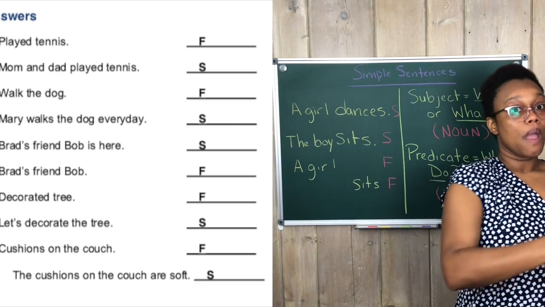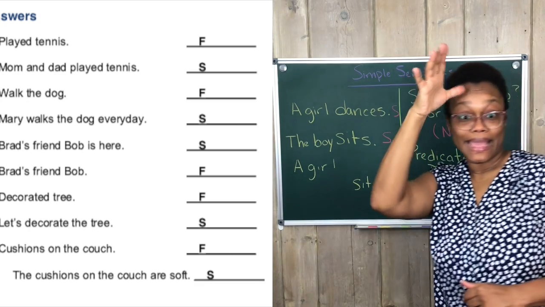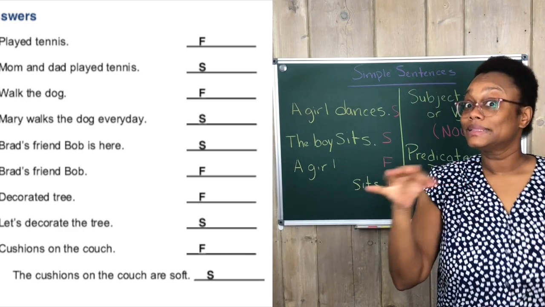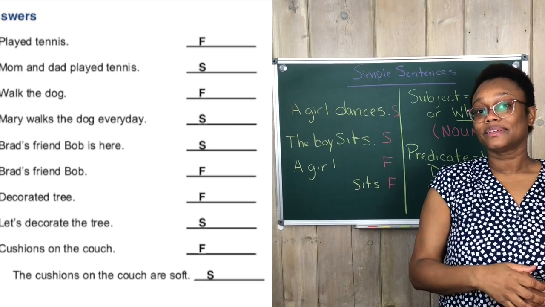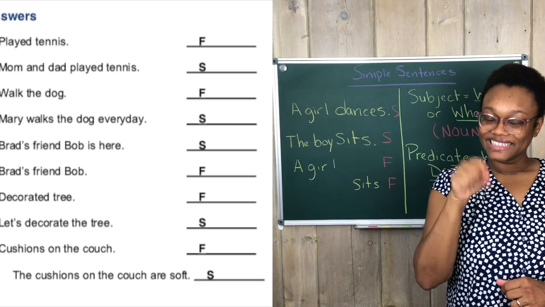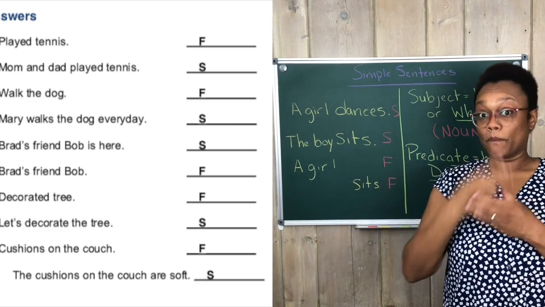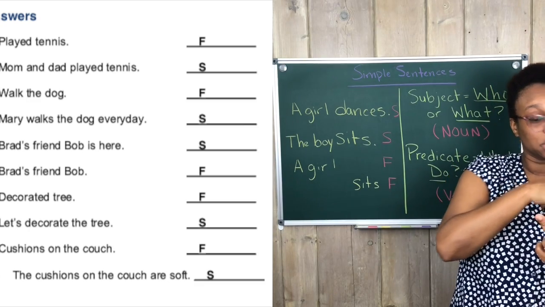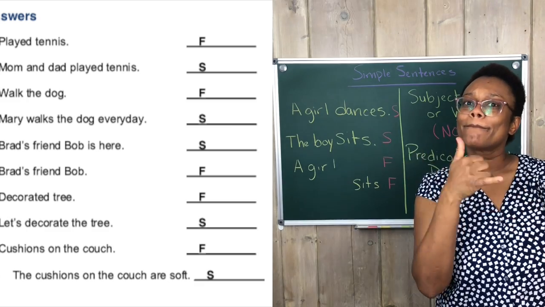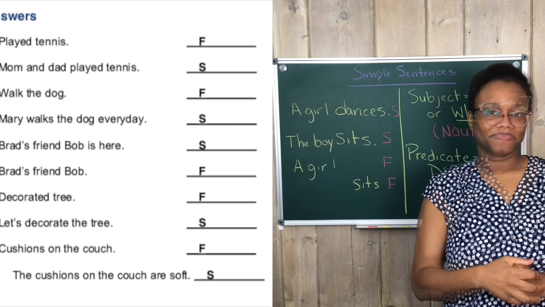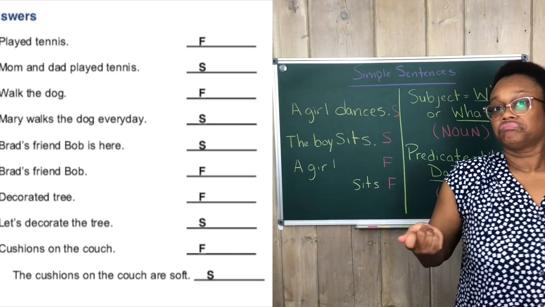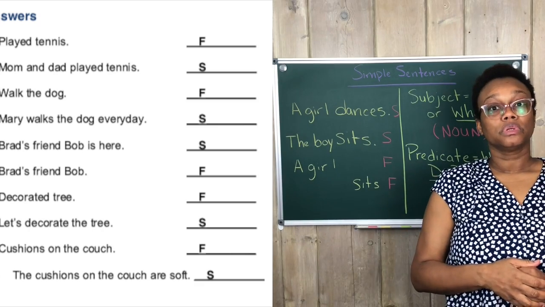Number 2, Mom and Dad played tennis. Is that a sentence? Yes, it is. Why? Because it has both the subject, the who, Mom and Dad, and what they're doing. They play tennis. Number 3, walk the dog.